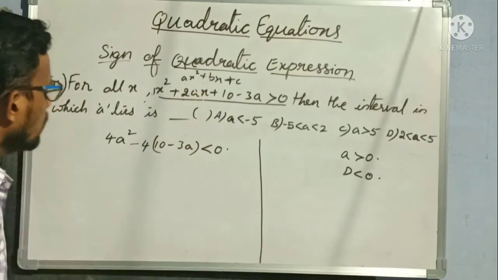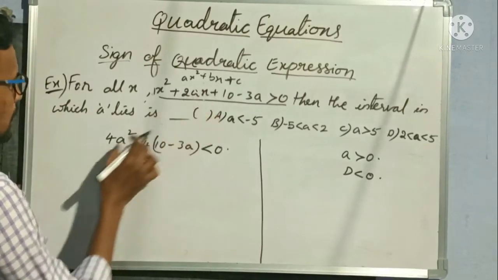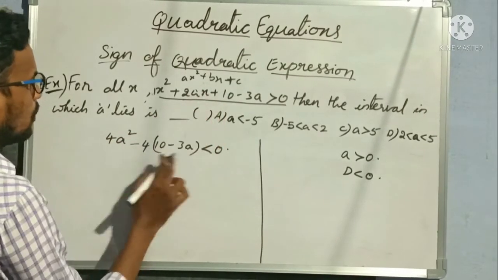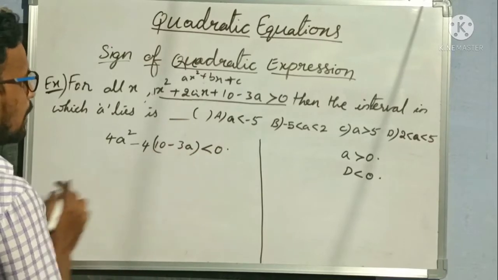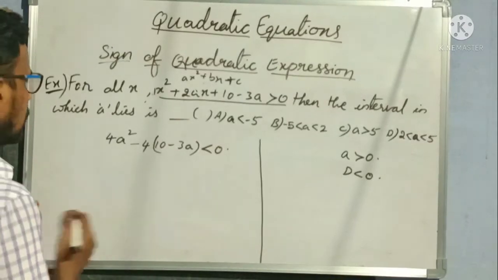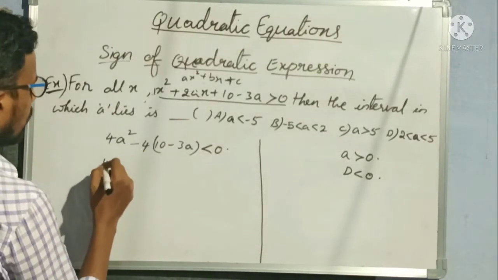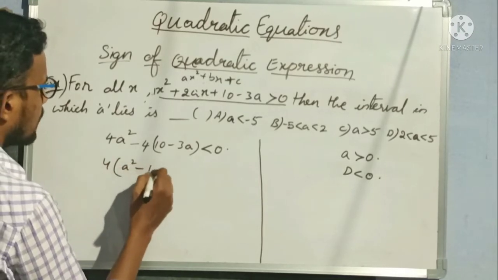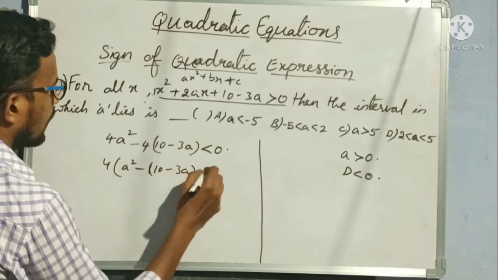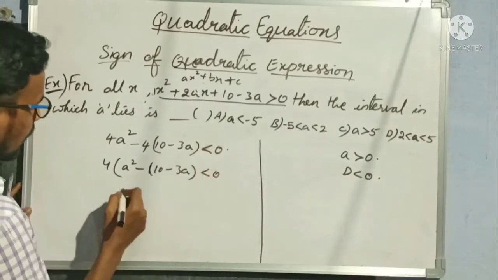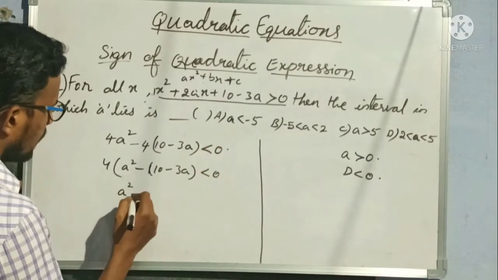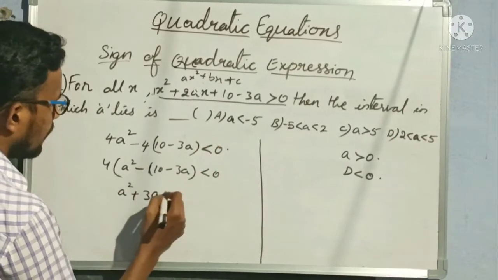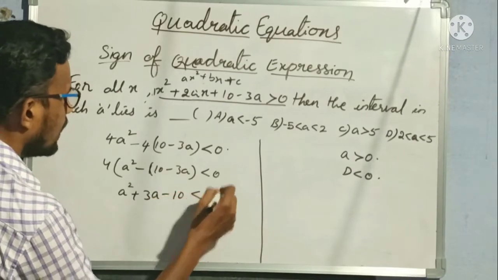Okay? So here b square means 4a square minus 4 into 1 into 10 minus 3a is less than 0. If I take 4 common, then it will be a square minus of 10 minus 3a is less than 0. If I send that side, it becomes a square plus 3a minus 10 less than 0. Okay.